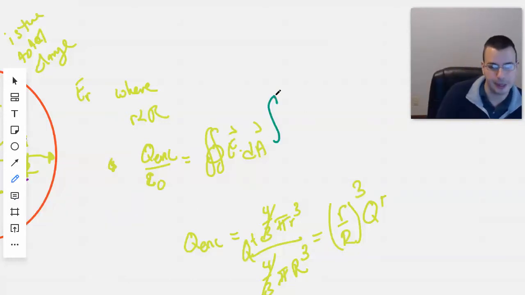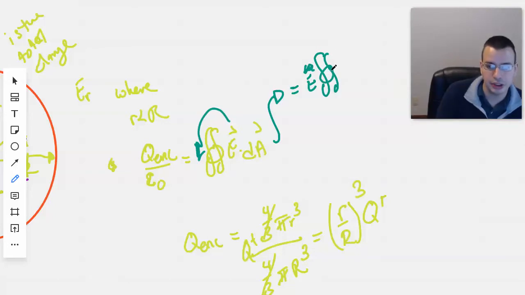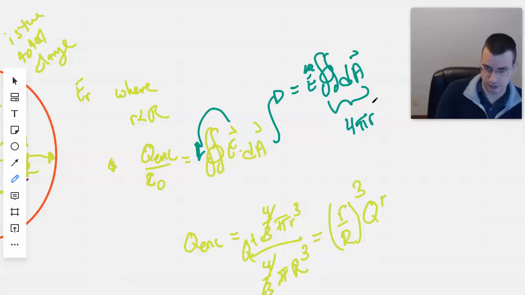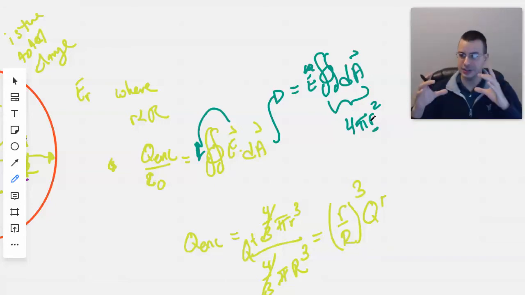Okay. We'll pull the electric field E out, so it equals E times the double integral of dA, where the area we know is 4 pi r squared, little r squared, because our Gaussian sphere is actually inside of our big insulator sphere.